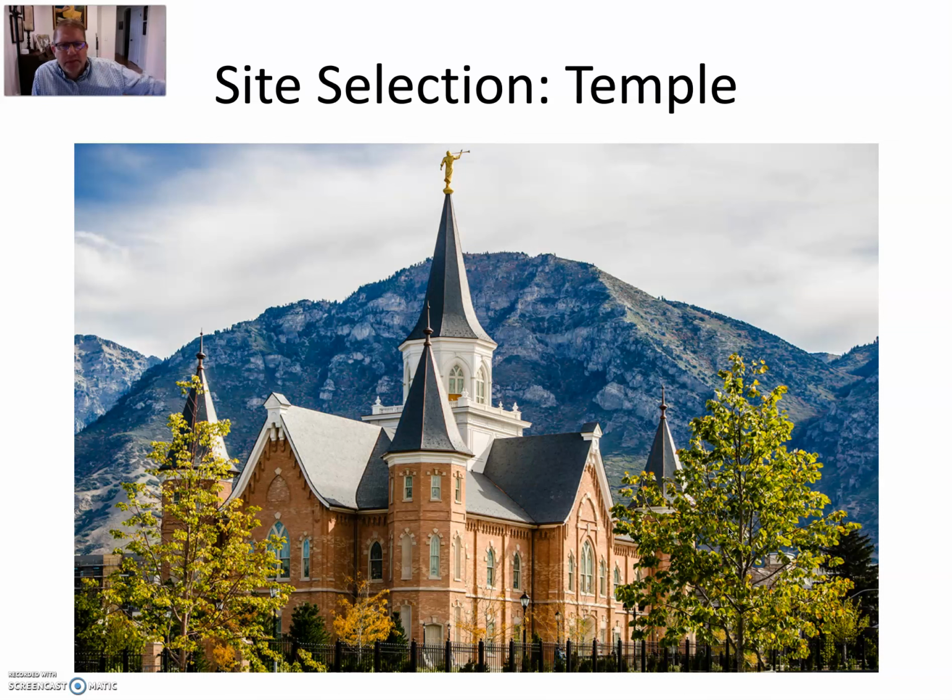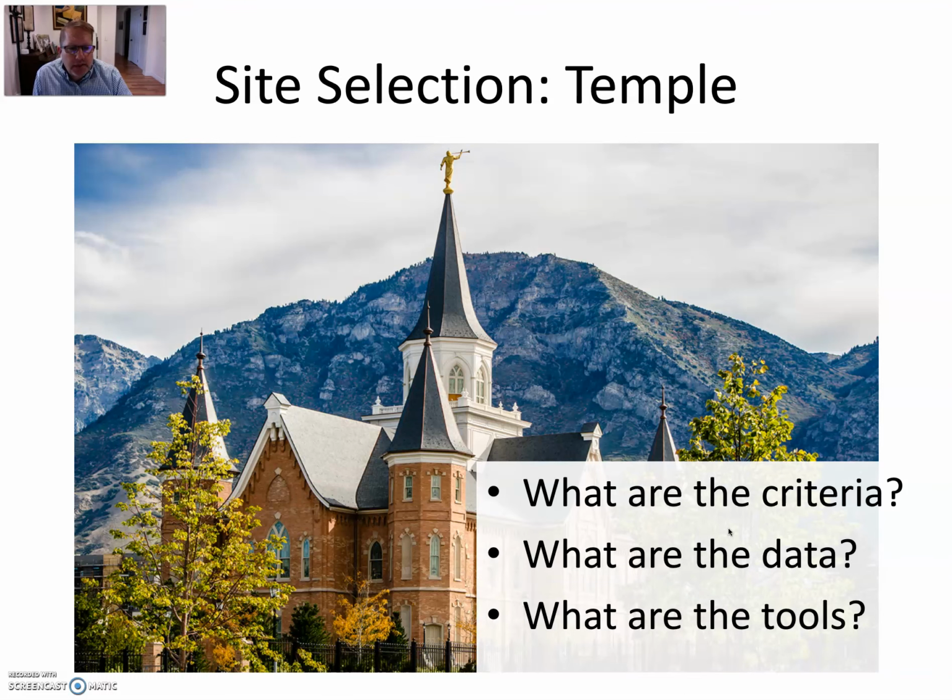Do you want to be further away from that temple? Do you want to be near population centers? Do you want to know that there's an adequate number of members of the LDS church? So you could look at stake centers, much like we did Walmarts in the Walmart problem. You probably do need to be near roads for access, etc. So if you choose this site selection for a temple, think through the criteria that make the most sense.